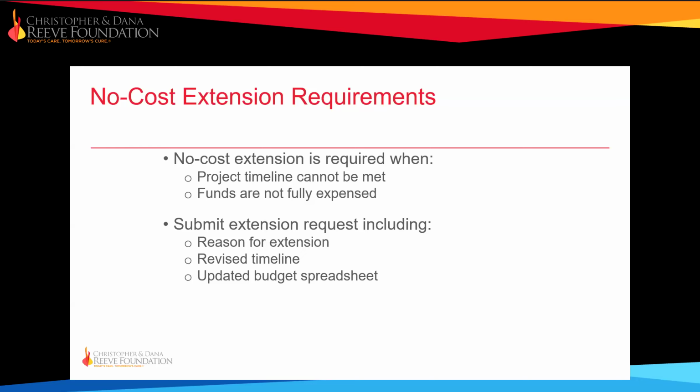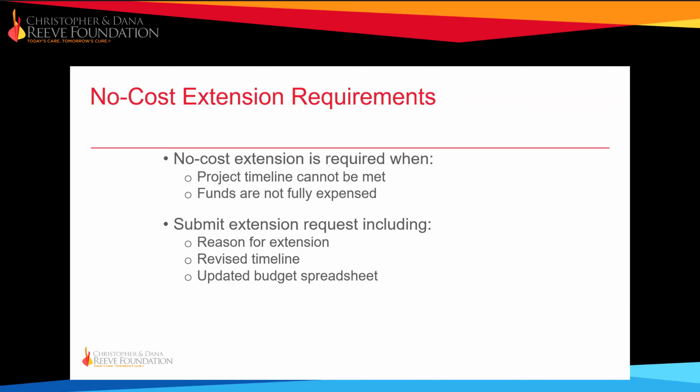Next is the no-cost extension requirements. Although there can be many reasons for requesting a no-cost extension, the most common reasons are delays in meeting the project timeline and unspent funds. When requesting an extension, you'll need to include three things: reason for the extension, explaining why it is needed; revised timeline, the new anticipated project completion date; and year-to-date expenses, by updating the shared budget file.